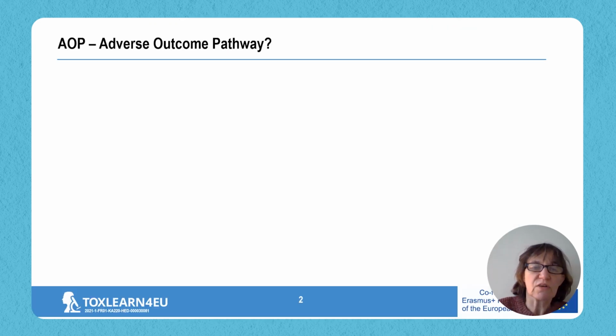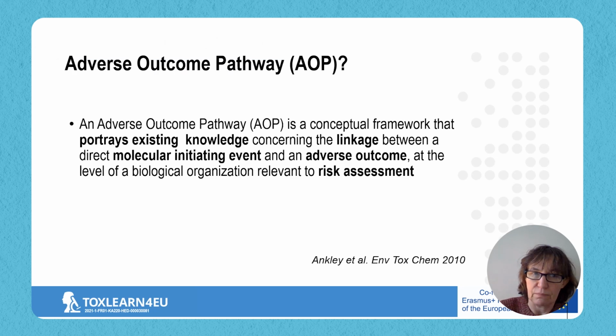So before we start, we need to define what is an adverse outcome pathway. An adverse outcome pathway is defined as a conceptual framework that portrays the existing knowledge concerning the linkages between a direct molecular initiating event and an adverse outcome at different levels of biological organization and might be relevant to risk assessment.